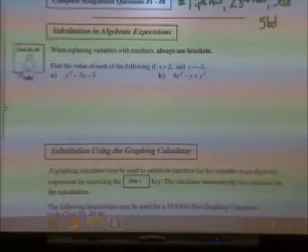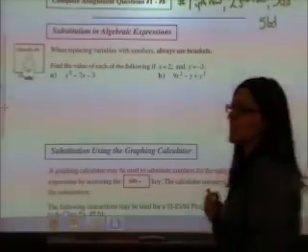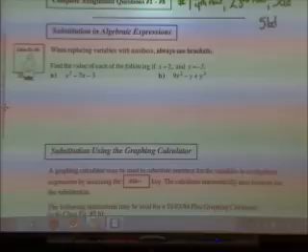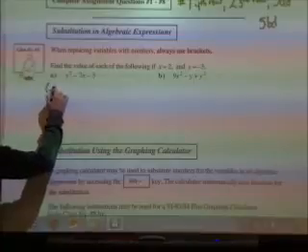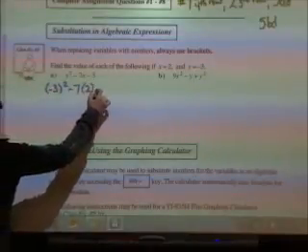So if we look at class example number 5, which is on page 116, it says find the value of each of the following if x is equal to 2 and y is equal to -3. So if I look at the first expression, y squared minus 7x minus 3, where I see y squared, I substitute in -3, and where I see x, I substitute in 2.